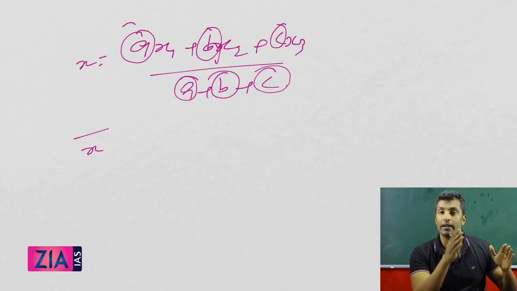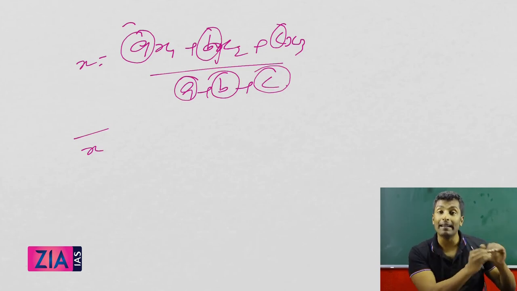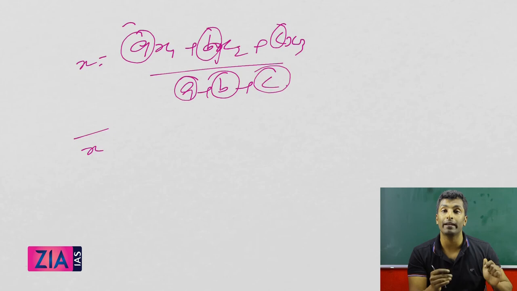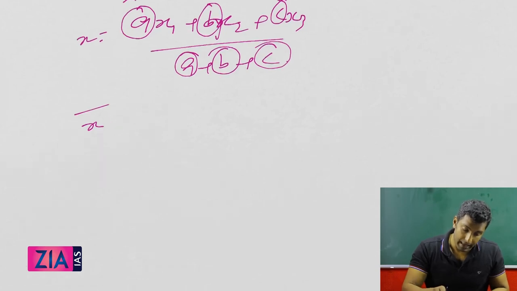Incenter. So from that we also understood how to get all the three excenters. From that itself we also understood how you're going to get the orthocenter. Just replace a, b, c with tan A, tan B, tan C. That's it. So what will you be getting, what is your x coordinate?